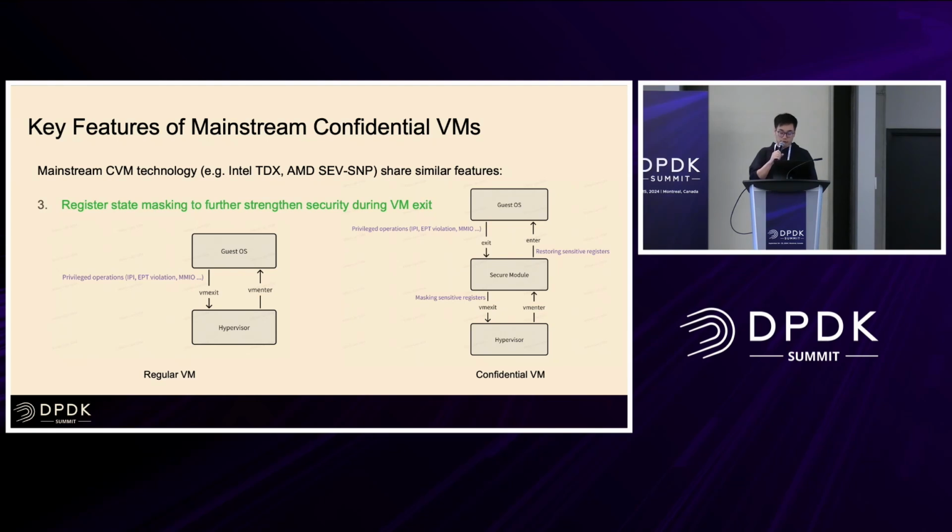However, for the CVM case, the VM will instead first exit into an intermediate state, the so-called secure module, before doing the actual VM exit return to the hypervisor, and vice versa for the other direction. Also, the secure module is responsible for masking sensitive registers and restoring them as well.